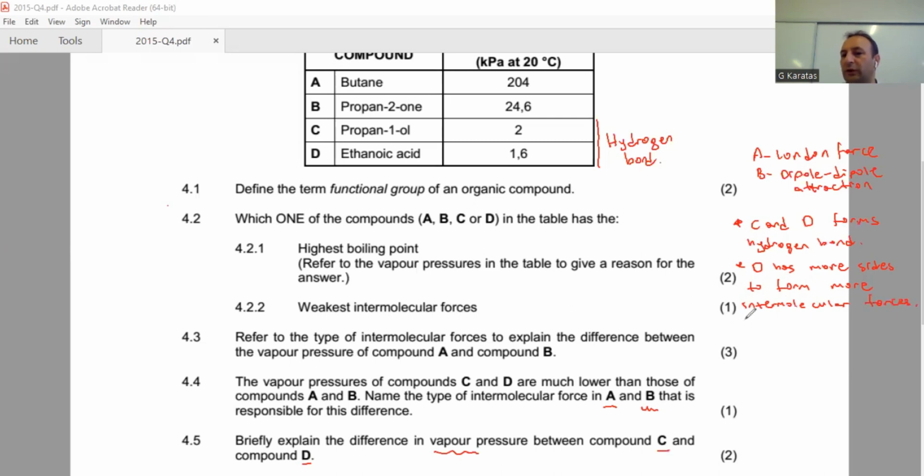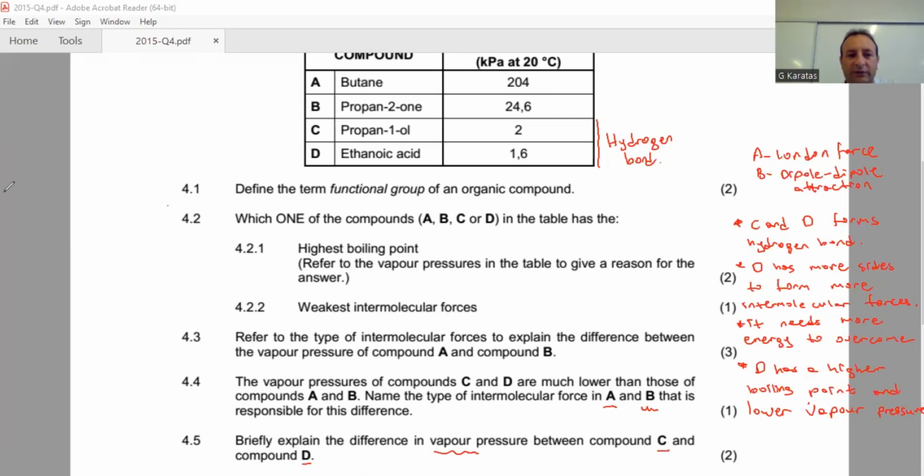As it forms more intermolecular forces, it needs more energy to overcome, so that compound C has a higher boiling point and lower vapor pressure. Okay, that is question 4.5.